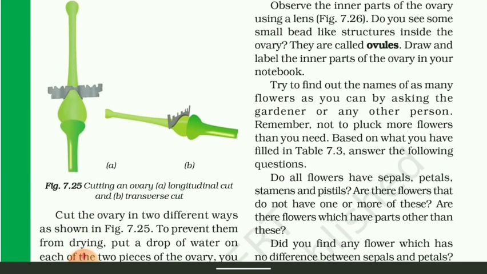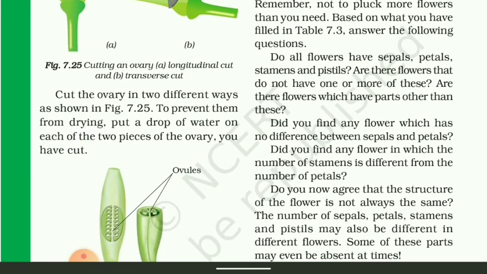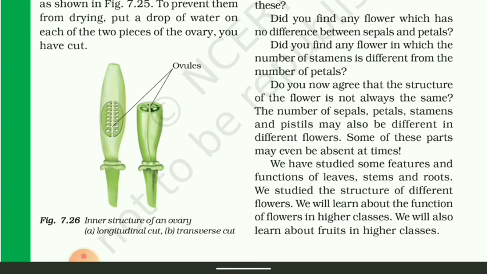This is figure 7.25, cutting an ovary, longitudinal cut and transverse cut. Cut the ovary in different ways as shown in figure 7.25. To prevent them from drying, put a drop of water on each of the two pieces of the ovary you have cut.